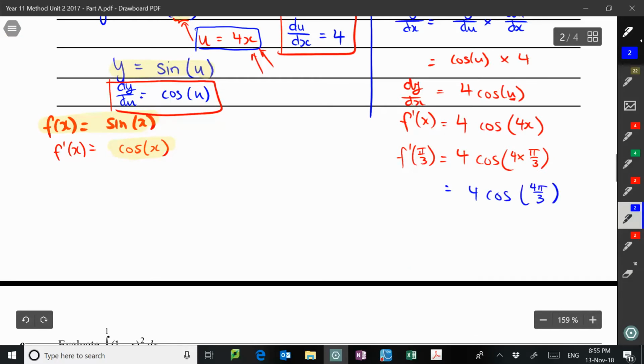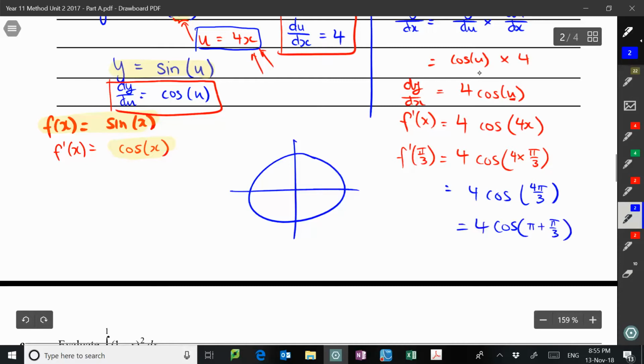So where's cos of 4 pi on 3? If you have to figure it out, 4 pi on 3 is the same thing as writing 1 pi plus pi on 3. True? Okay, if you think about it, it's like 3 pi on 3 plus an extra 1 pi on 3. Yeah? And where's 1 pi starting from 0 here? Pi's over here, and I'm adding an extra pi on 3.